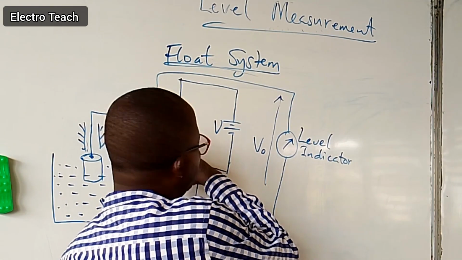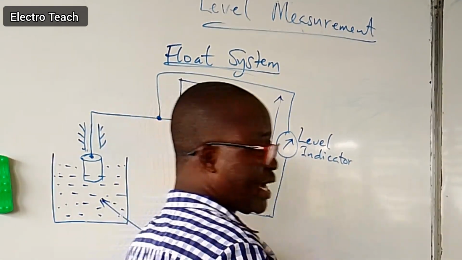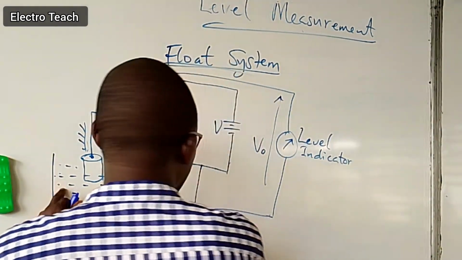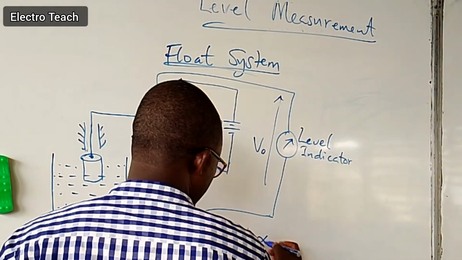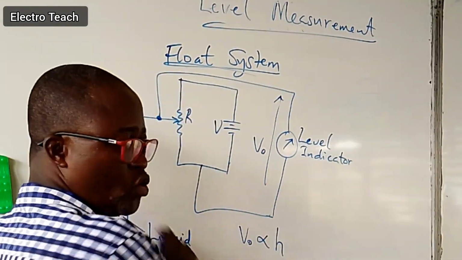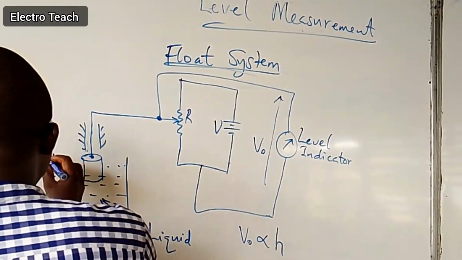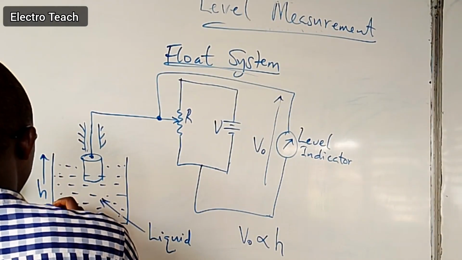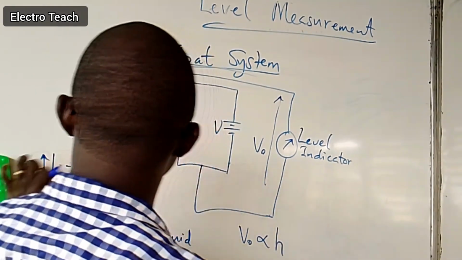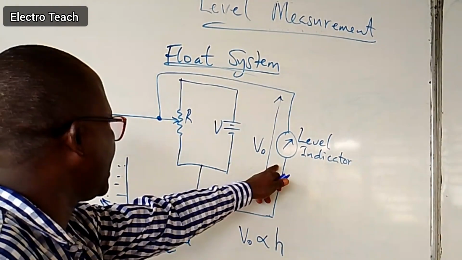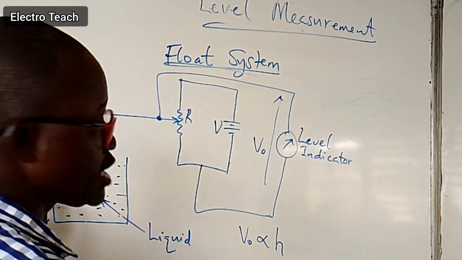This is a variable resistor now. So the output voltage that you get will be proportional to the level of liquid. So V output will be proportional to the height of liquid in the tank. So let's put the height here. This is the height. So output voltage obtained right here is proportional to the height of fluid.